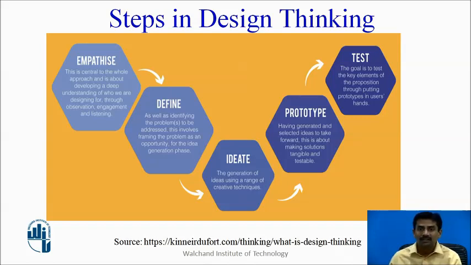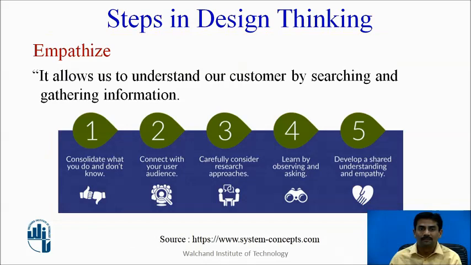Having generated and selected the ideas to take forward, this is about making the solutions tangible and testable. And the final part is testing. The goal of testing is using this particular prototype model with the real user. So let's discuss one by one each step in design thinking.